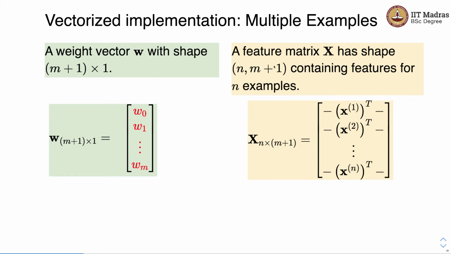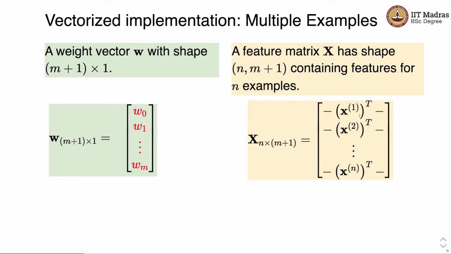So we have one additional feature which corresponds to the special or dummy feature that we added and set to 1. That's why the feature matrix has a shape n comma m plus 1. So it has got n examples and m plus 1 features. And again, remember that the feature vectors for each example are transposed and are present on the rows.